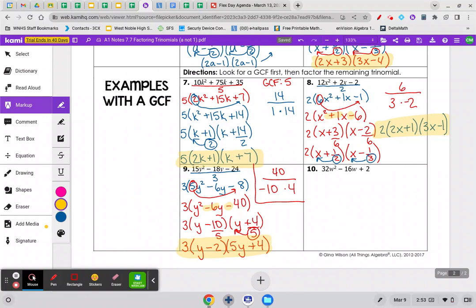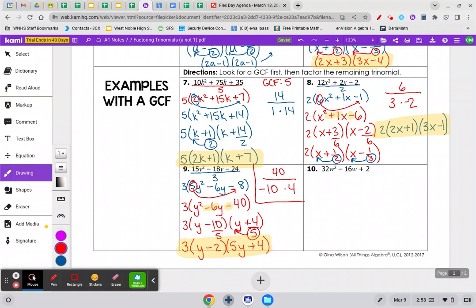All right, last problem. I can take a 2 out of all of these. So I'm left with 16w squared minus 8w plus 1. Don't forget that plus 1 or else you're going to be in trouble. We do need to slip the 16 back.